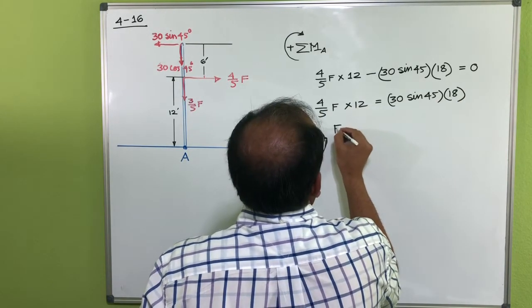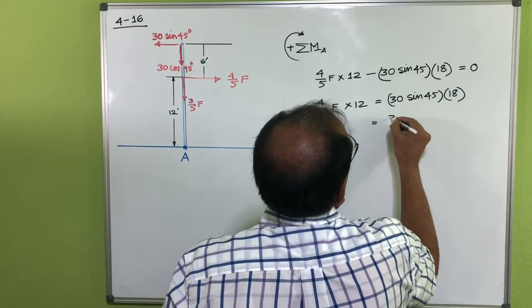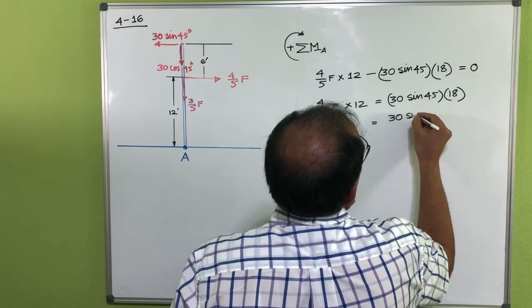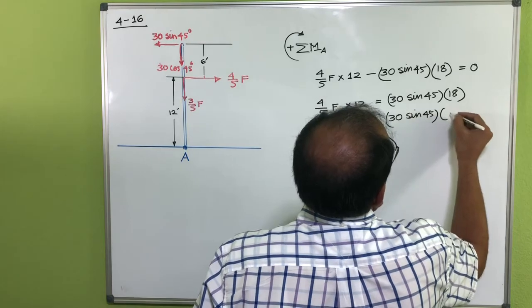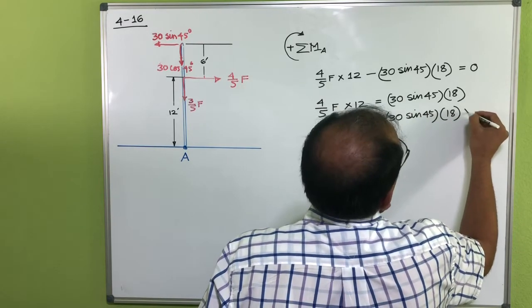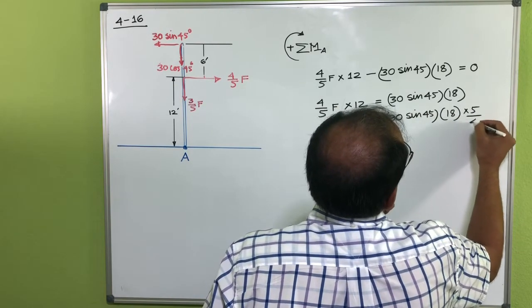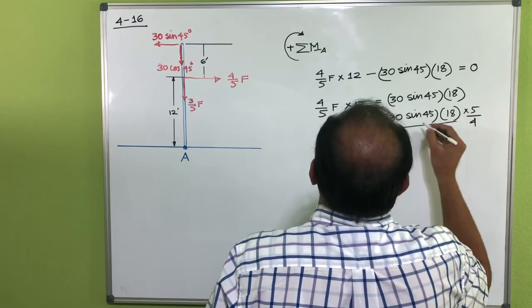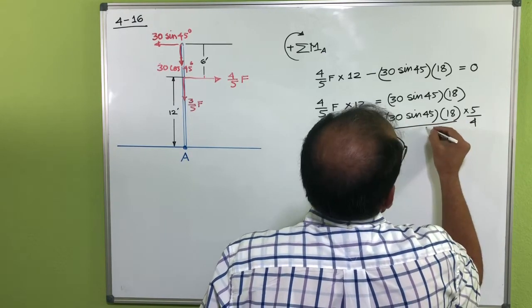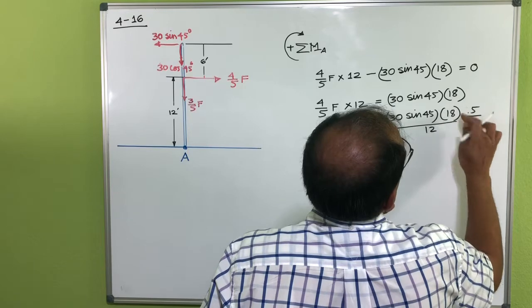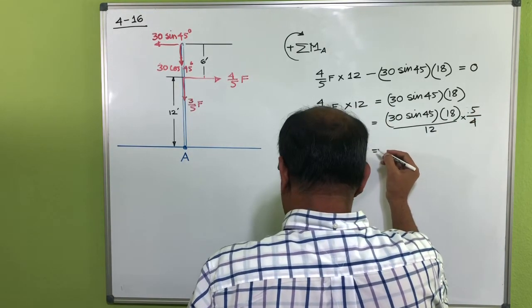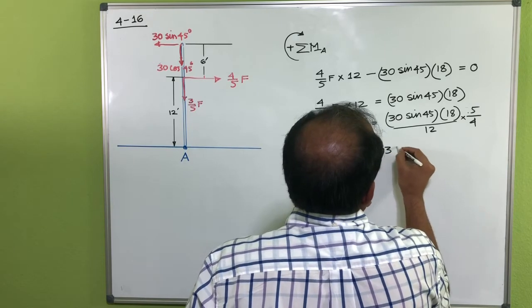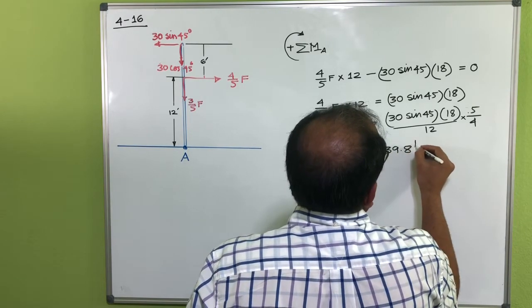So F equals sine 45 into 18 into 5 by 4, divided by 12. So F is basically 39.8 pounds.